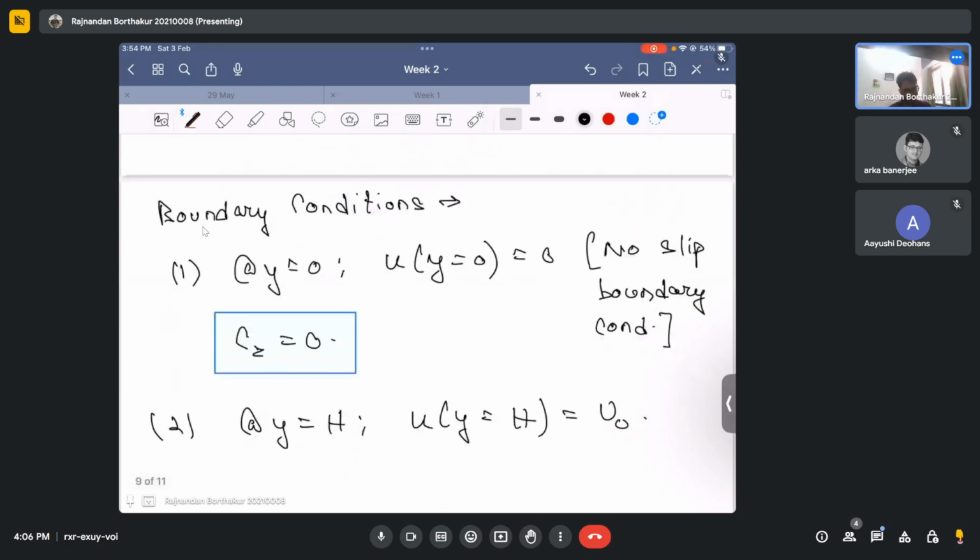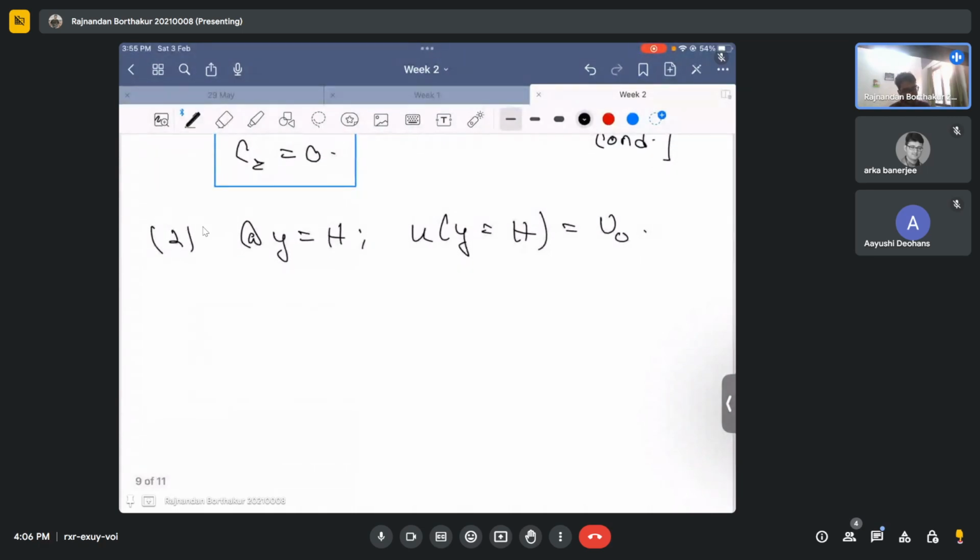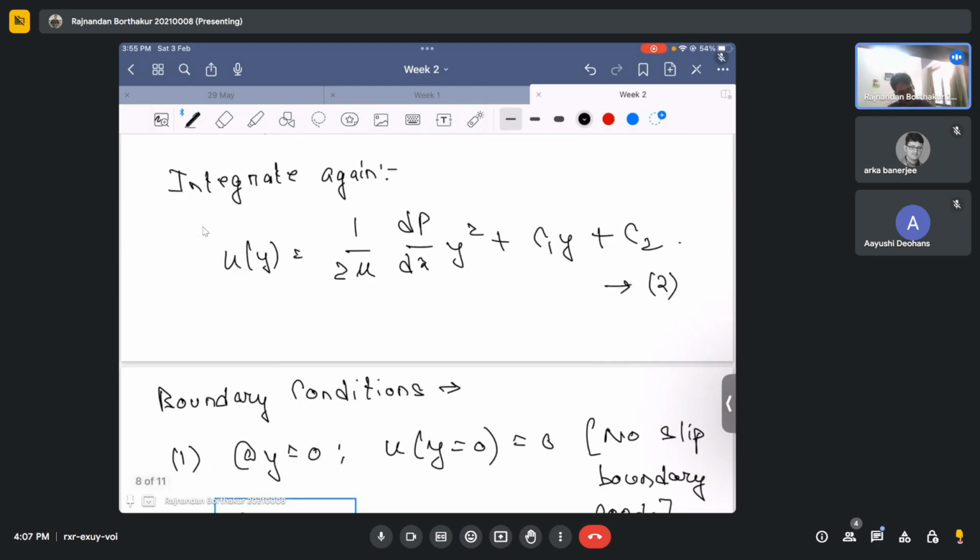Now, as was rightly said, the upper plate is moving towards the right with u naught, so I get u at y equal to h equals u naught. Let's see what we get if we apply this boundary condition. All we need to do is put y equal to h in this equation, keeping in mind that C2 is 0.